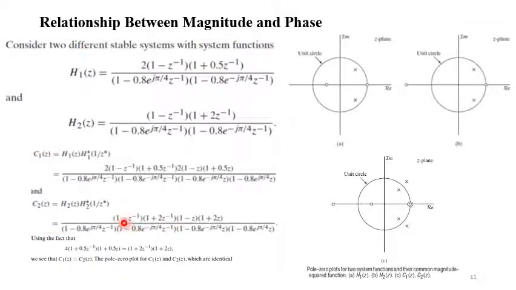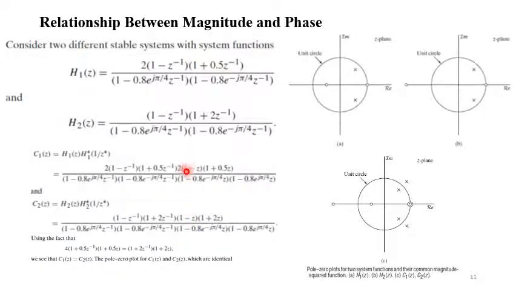If you compare term by term, you can see they both have the same poles at the same locations. But to see whether C1 and C2 are equal, we compare: we have 1 minus z^{-1} here, 1 minus z^{-1} here, then 1 minus z, and again 1 minus z here.